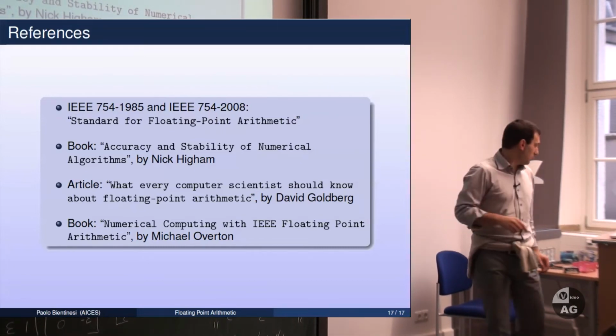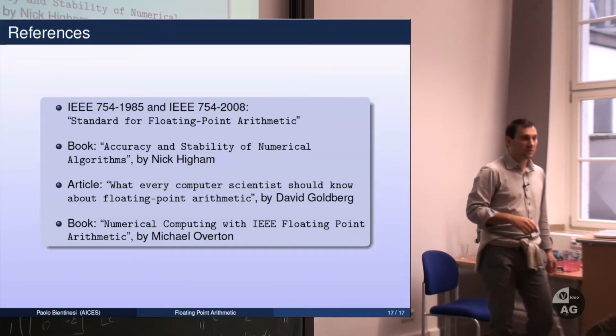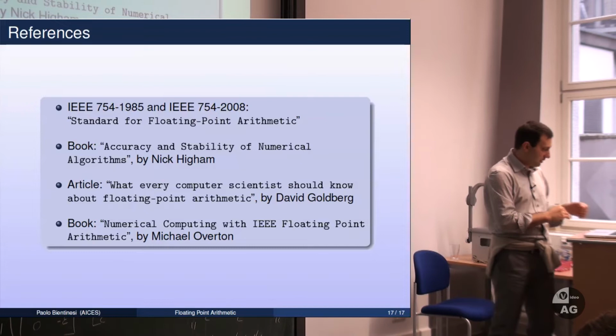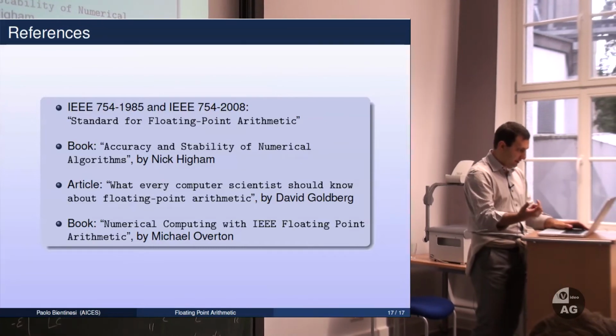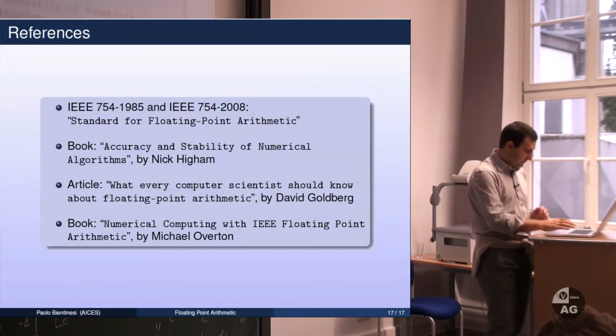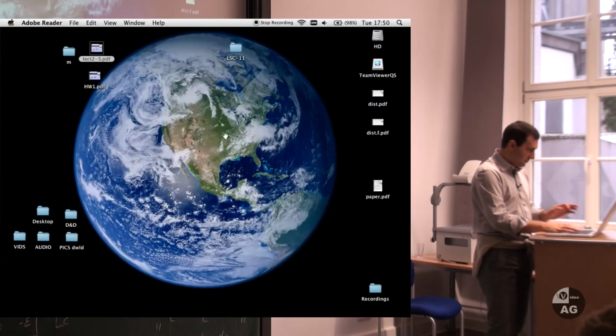Okay, at this point, if you guys don't have questions, do you have questions? If you don't have questions, I move on to the assignment. So we discuss the first homework.